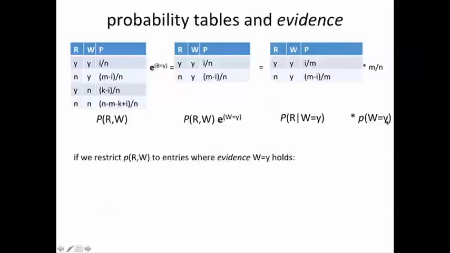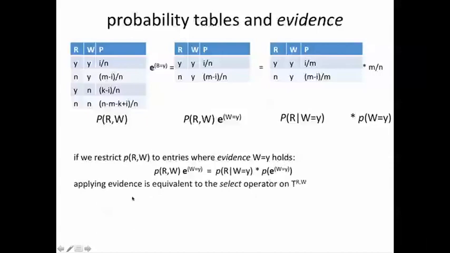We don't have to worry about W equals no anymore. In other words, we say that the probability of R comma W restricted is the probability of R given W equals yes times the probability of the evidence, which is the probability that W equals yes.